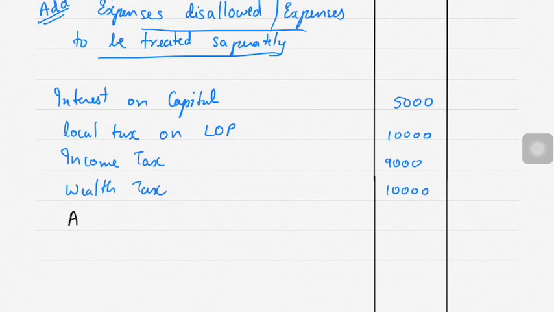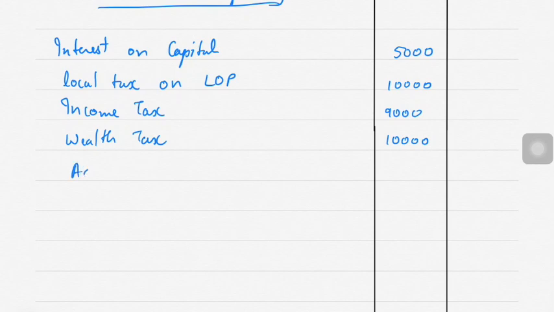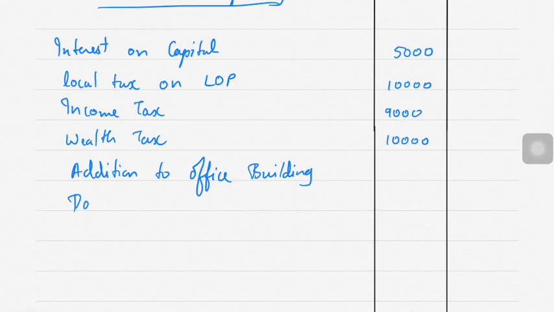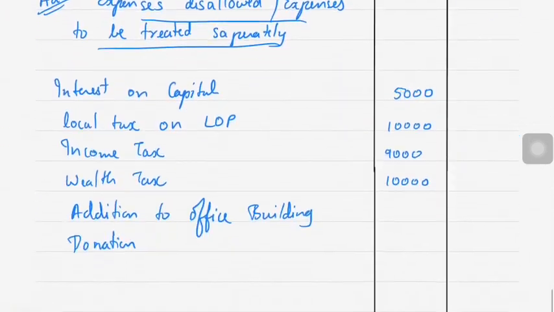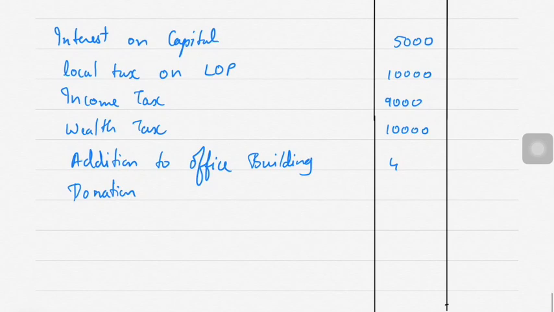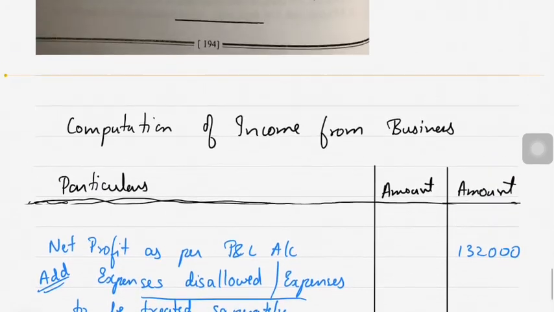So addition to office building and donation: 40,000, 15,000.